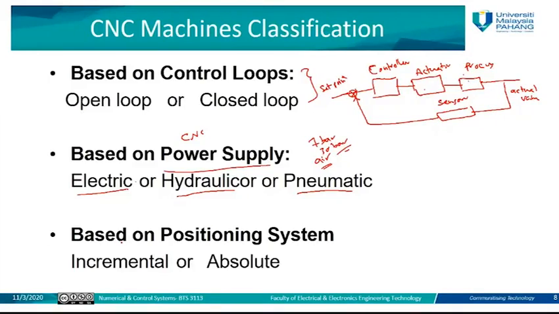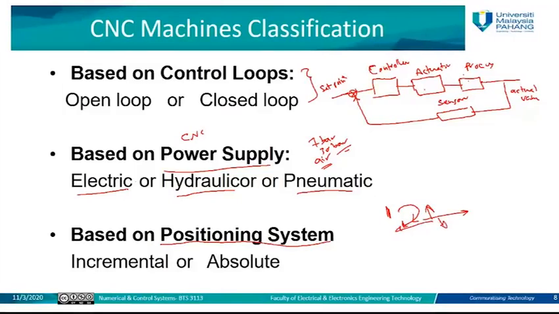The last classification type is based on the positioning system. Since we have a machine, we have motion, we have rotation, we have position. When we say machine, that means the machine is not just fixed or stationary. The machine always needs to rotate, clockwise or counterclockwise, and move left or right, up or down.